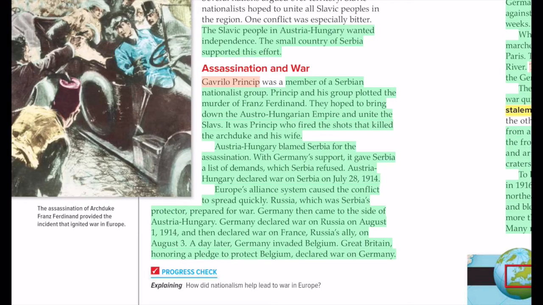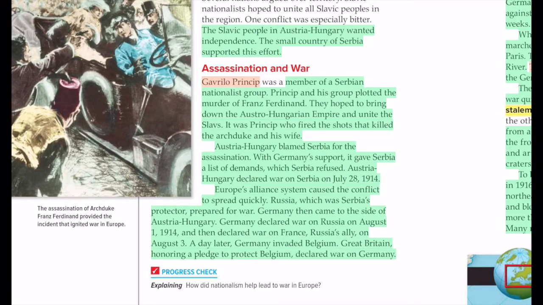So anyway, to make a long story short, Austria-Hungary blames Serbia. They make unreasonable demands, and Serbia can't meet them. And so they declare war on Serbia, knowing that they have their friend Germany to back them up in this, okay? So what ends up happening is all the alliances get triggered.